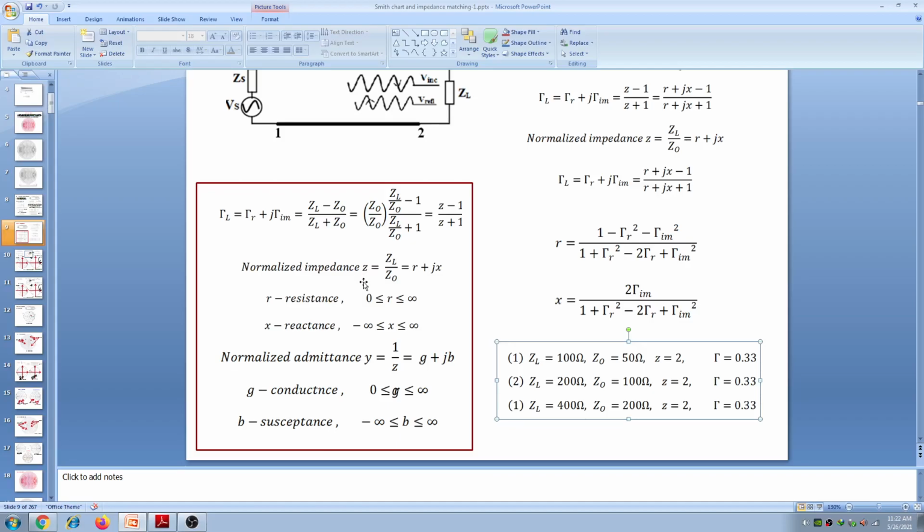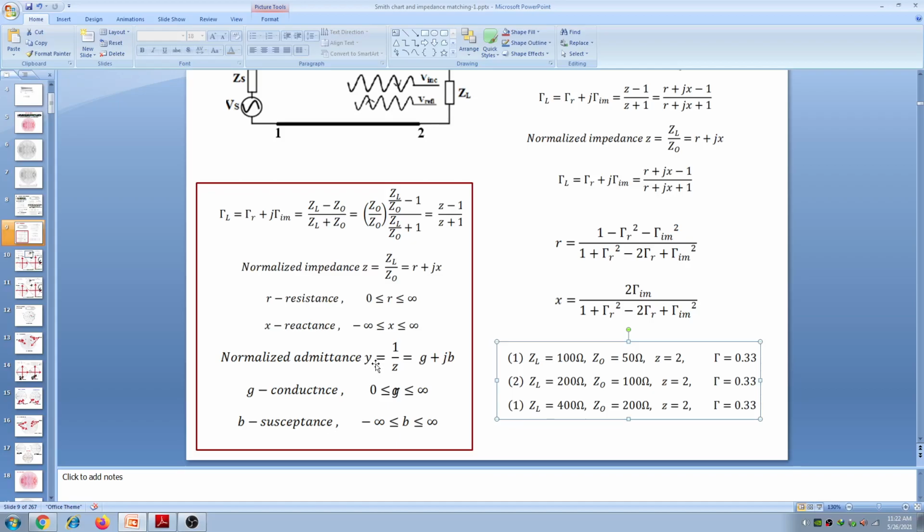On the Smith chart, we also have circles corresponding to admittance. They are called conductance circles and susceptance circles, associated with the real and imaginary parts of the admittance.